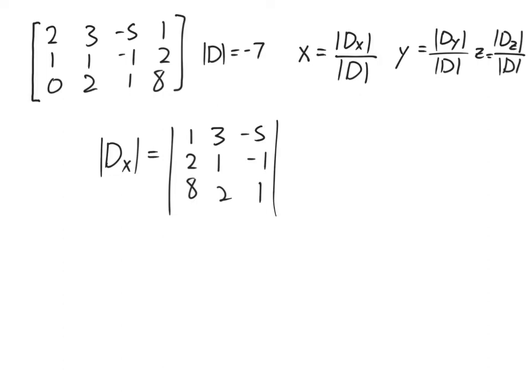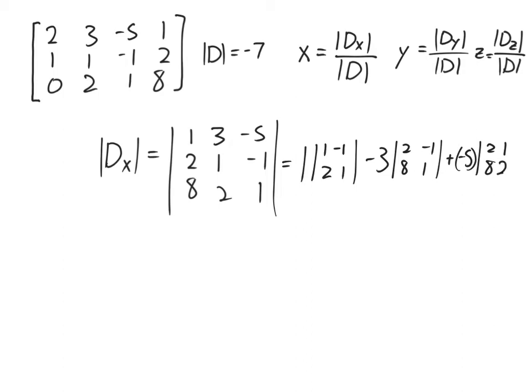So now I have to find the determinant of this, which is going to be a little harder because there are no zeros, which is not fun. So this is going to be 1 multiplied by its minor, 1, negative 1, 2, 1. And then minus 3 multiplied by 2, 8, negative 1, 1. And then plus a negative 5 multiplied by its minor, which is going to be 2, 1, 8, 2.